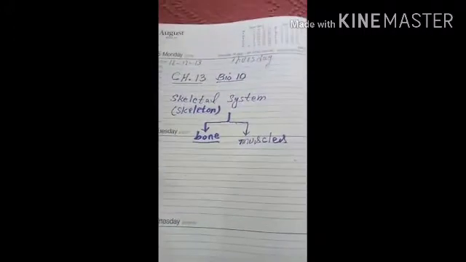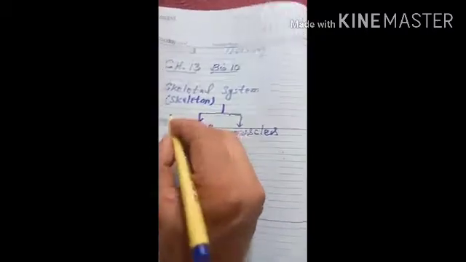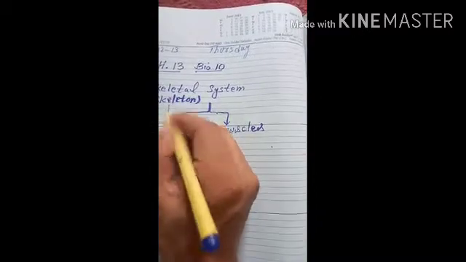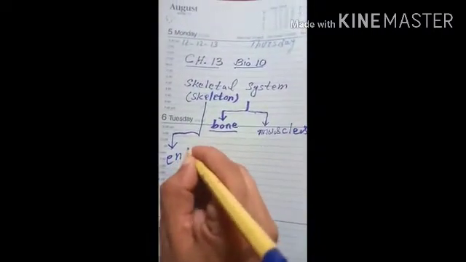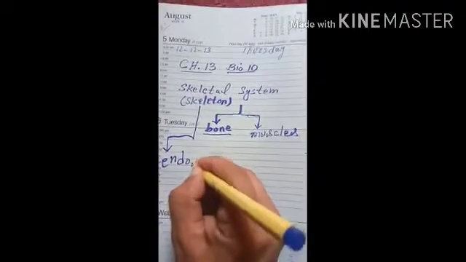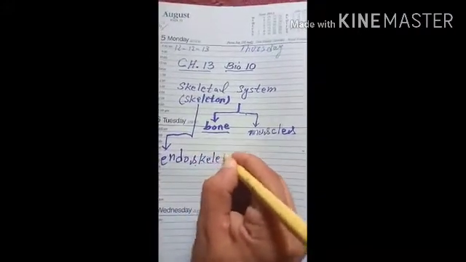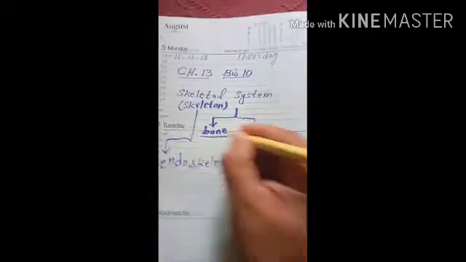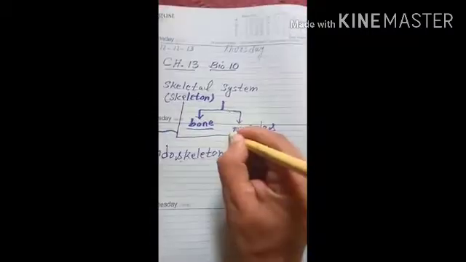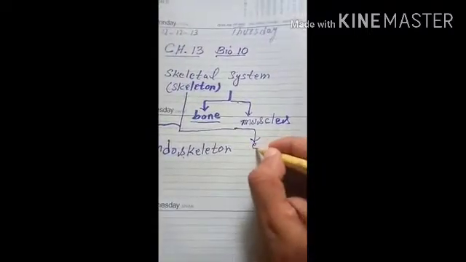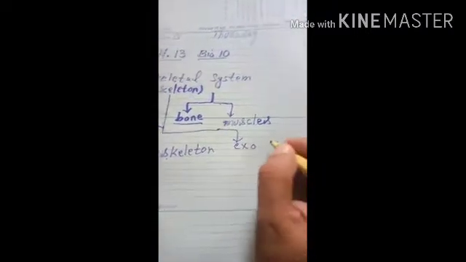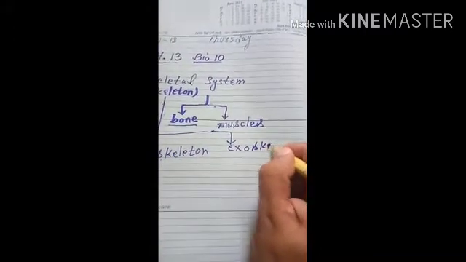Now there are two types of skeletal system or skeleton: endoskeleton and exoskeleton.